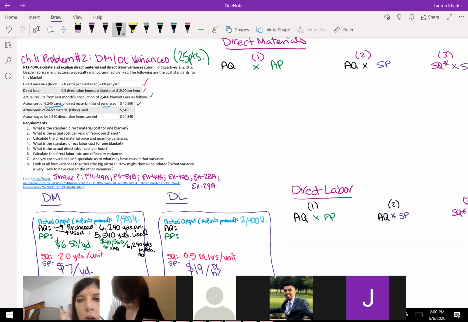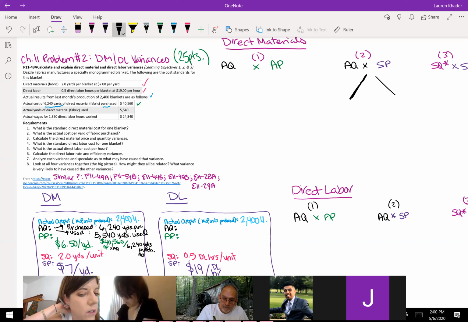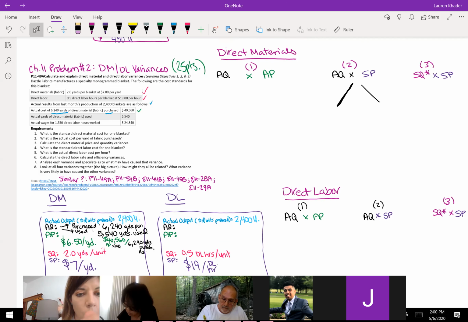So we know that we're going to have two calculations here, because the quantity used is different than the quantity purchased. That also tells you that you're not going to calculate a total direct materials variance, because it's two different levels of input.